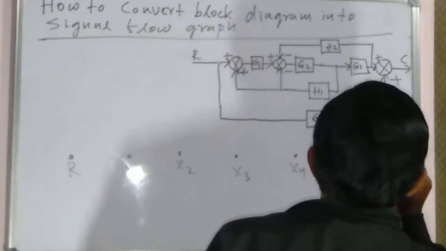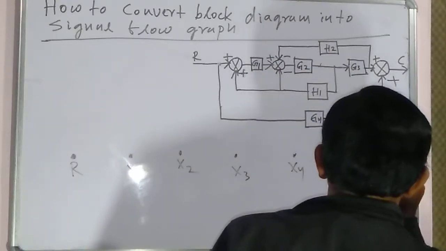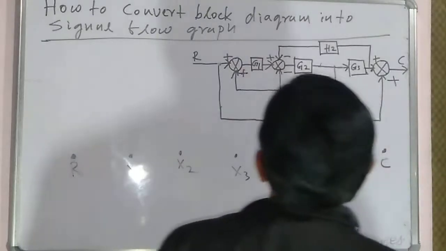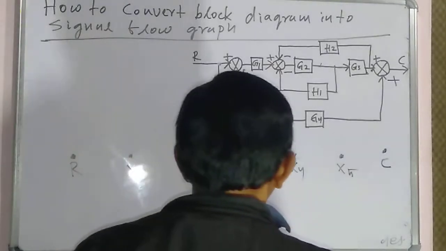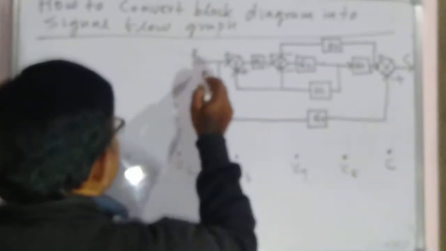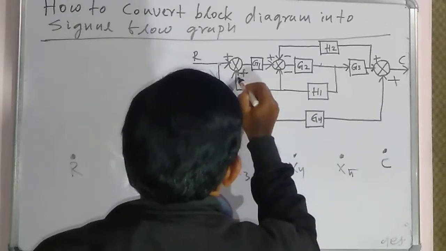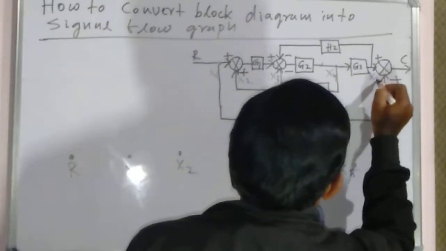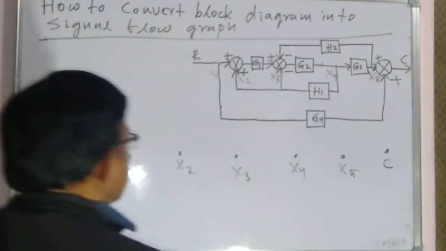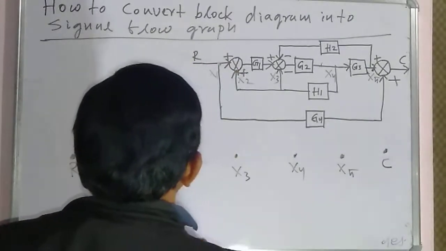and it can be replaced by C. So now we can construct the signal flow graph very easily. So here this is x1, this is x2, x3, x4, x5, C. So what is the gain between R and this takeoff point?